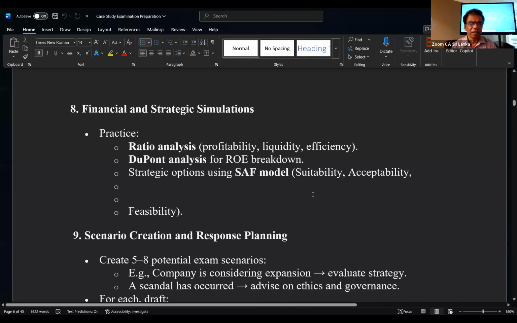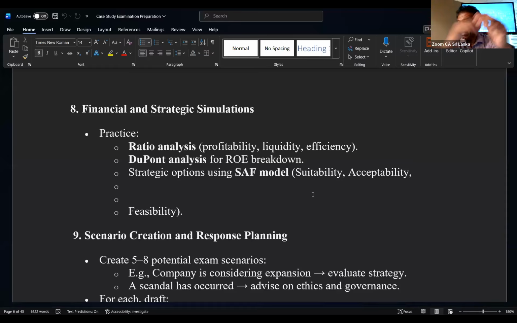For strategic options, using the SAF model: suitability, acceptability, feasibility. This is another problem. Whenever someone mentions one word, whether relevant or not, all the students use this model. This time also for this exam, examiners commented that these were wrongly applied, right? Don't do that. Understand where this should be applied. Just because you see some wording there, don't apply suitability, acceptability.